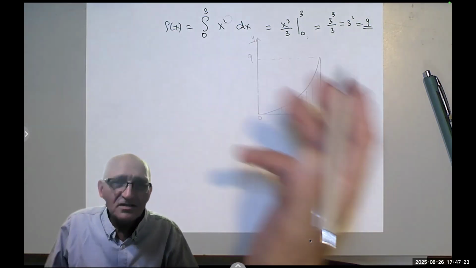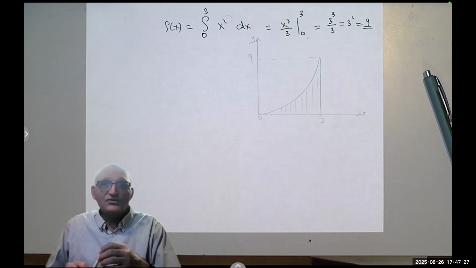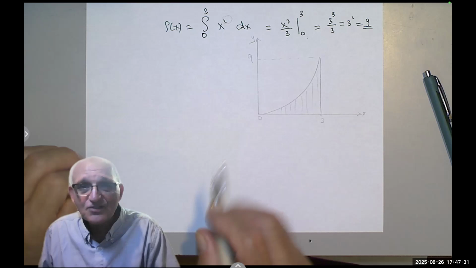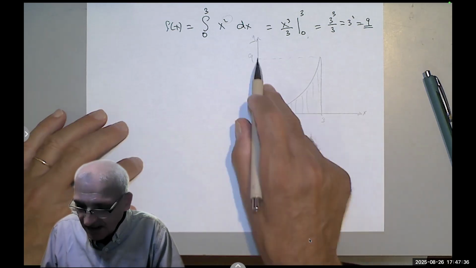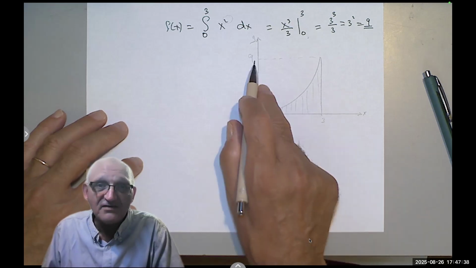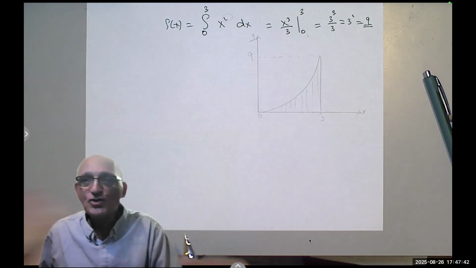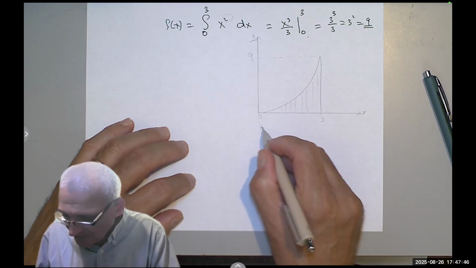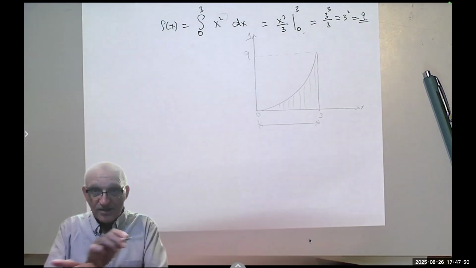So I know from the centroids, even without taking the integration, that this area under the curve is 1/3 xy. X is 3, y is 9. So 3 times 9 is 27, and 1/3 of that is 9. However, what I'm going to do now is to generate a large bunch of numbers between 0 and 3, uniformly distributed.